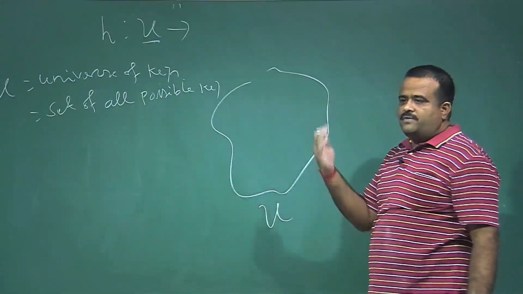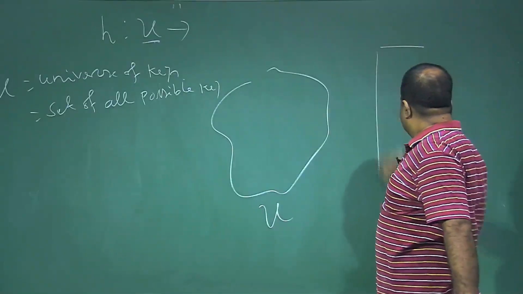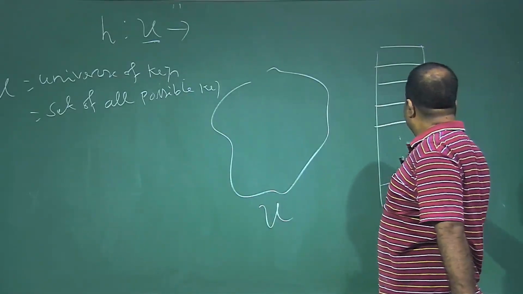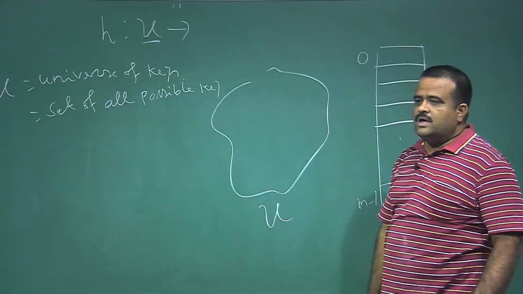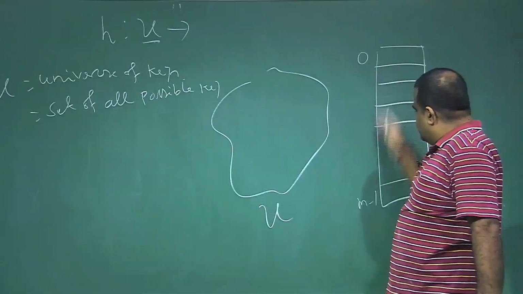And we have a fixed table size, say the table size is 0 to m minus 1. So we have a total of m slots. This is basically an array, but the table size is fixed.